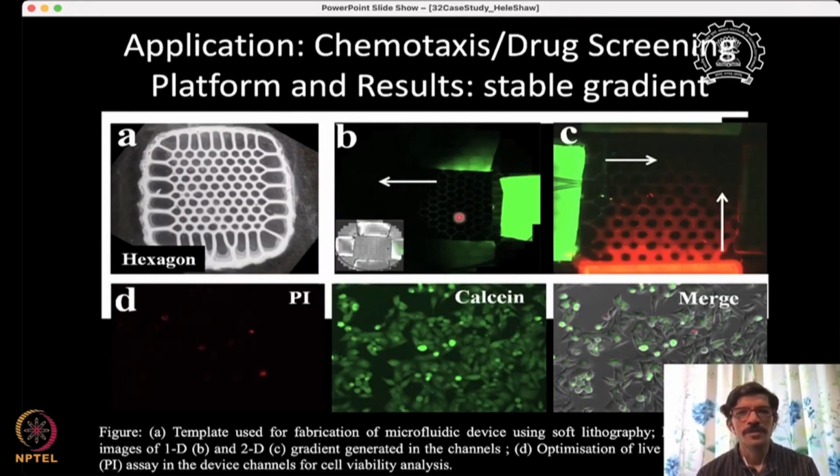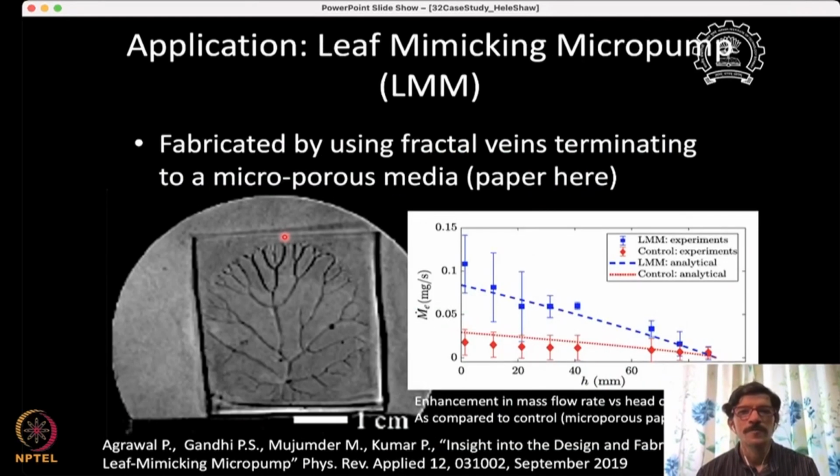We have one of the applications with one of the collaborators, Professor Abhijit Mujumdar from Chemical Engineering at IIT Bombay. We are developing a platform for drug screening or chemotaxis. We will not get into the details of this application, but the point is that this kind of research will lead to applications eventually.